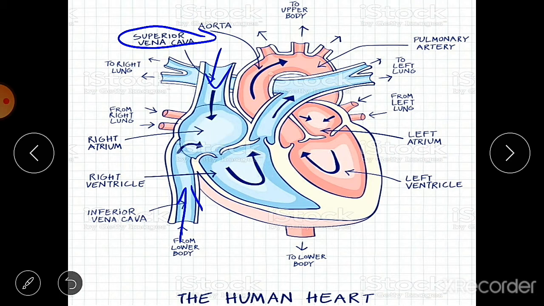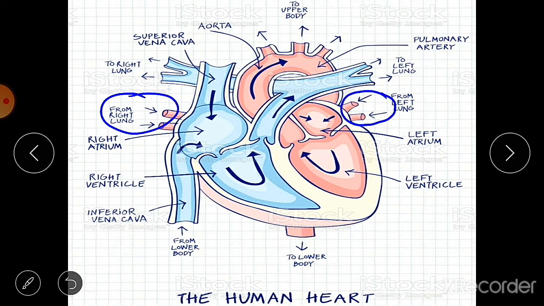Now in the lungs, this exchange of gases takes place in the alveolus, and again this blood which is pure, that means it contains oxygen, is taken from the lungs by the pulmonary veins, and these pulmonary veins you can see here from the left lung and from the right lung.